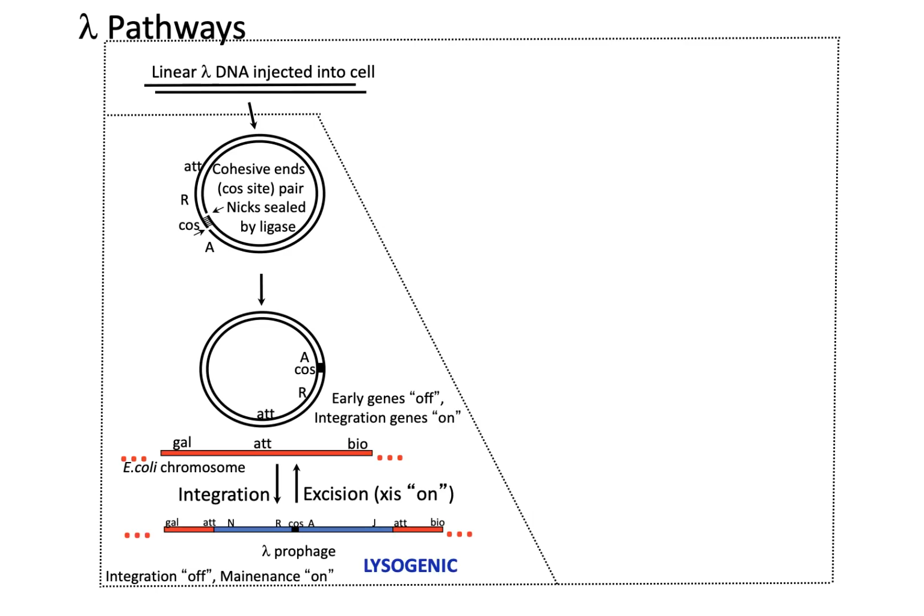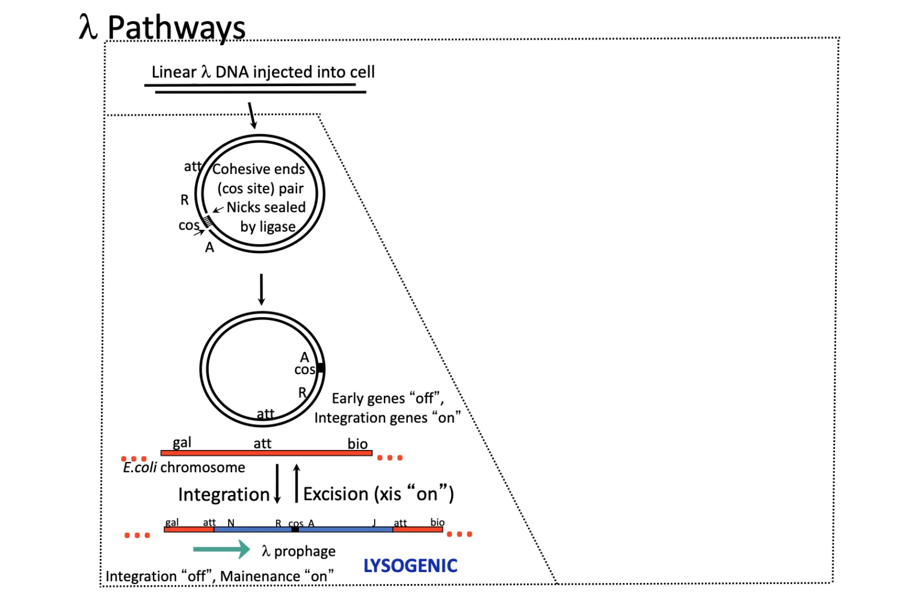So this diagram will show both pathways. This is the lysogenic pathway, where the linear chromosome is injected into the cell. You get the COS sites coming together. Ligase from the host seals that up into a circular molecule, and then you get the early genes off, integration genes on, crossover at the sites, and then integration into the chromosome, forming the prophage.